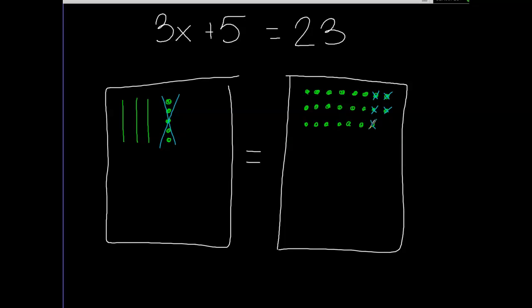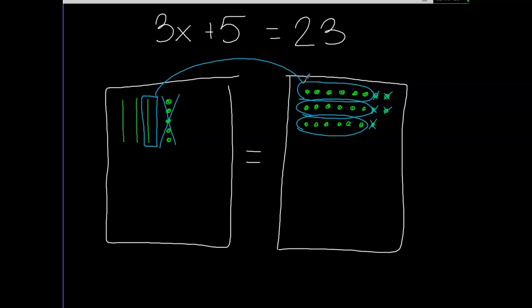So since I have 3 x's and I want to figure out how many 1 is worth, I need to split this side, the left-hand side, into 3 equal groups to figure out what 1x is worth. So I actually have 3 equal groups right here. So then I could say that one of these x's is equal to one group, another x is equal to another group, and another x is equal to another group.